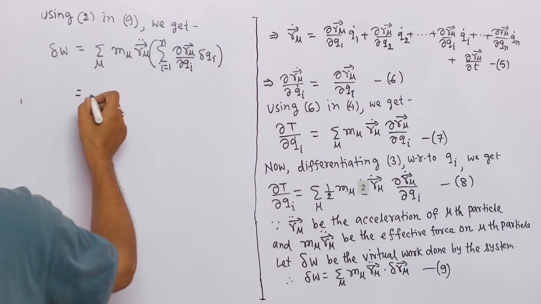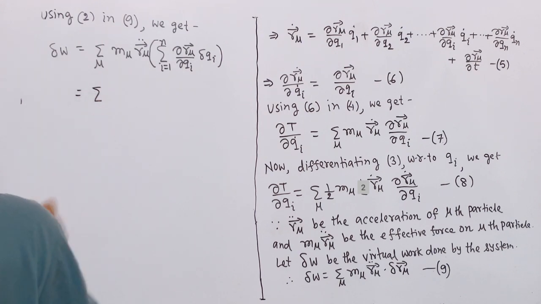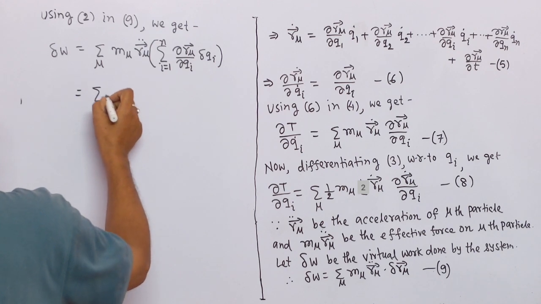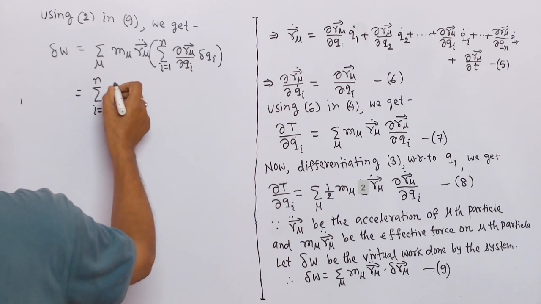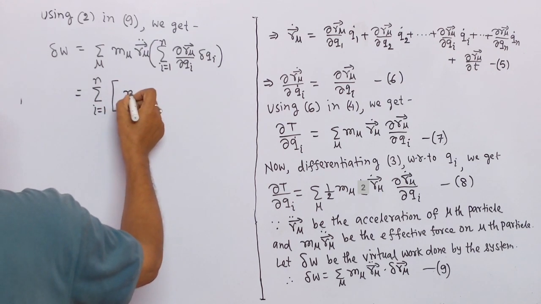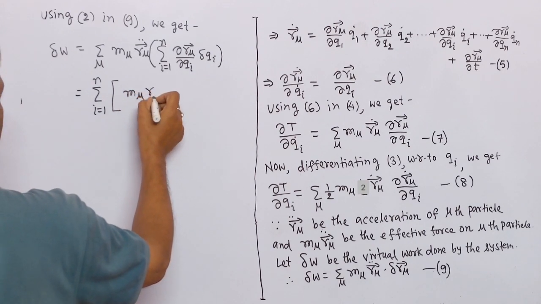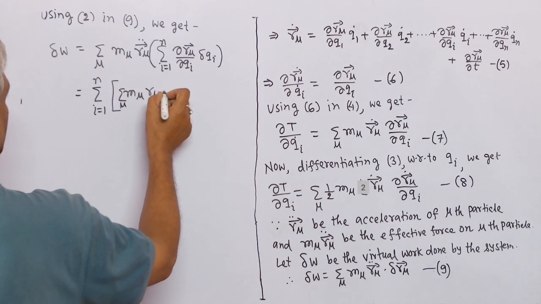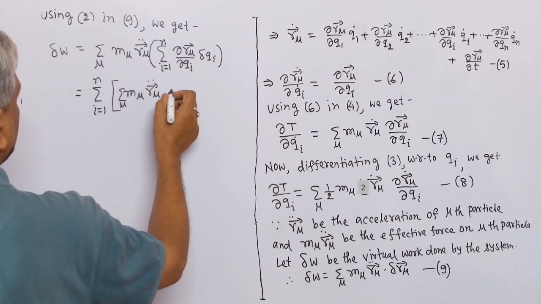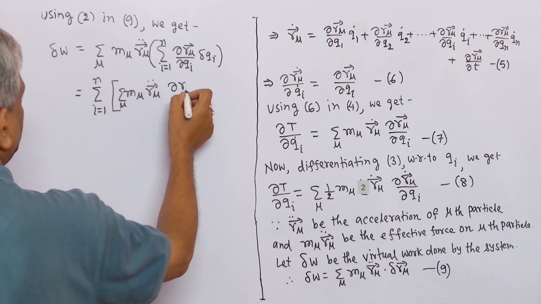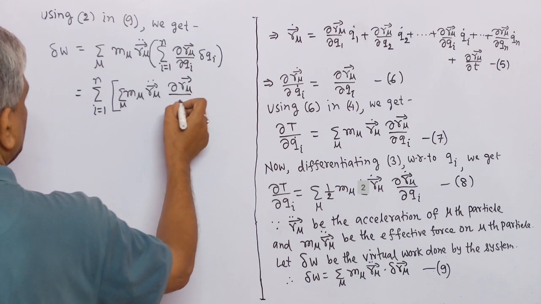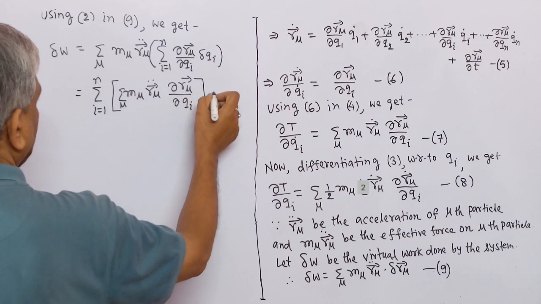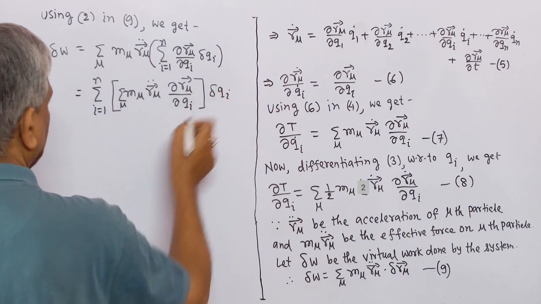We may write this sigma i equal to 1 to n a mu r mu, here sigma mu double dot partial derivative of r mu with respect to qi delta qi.